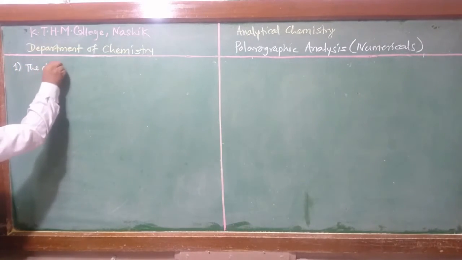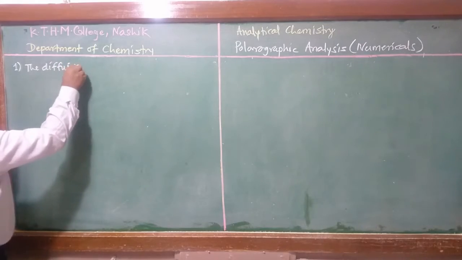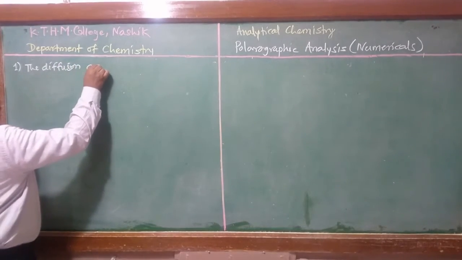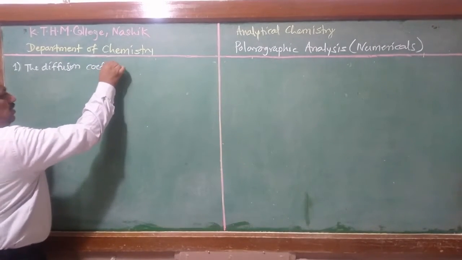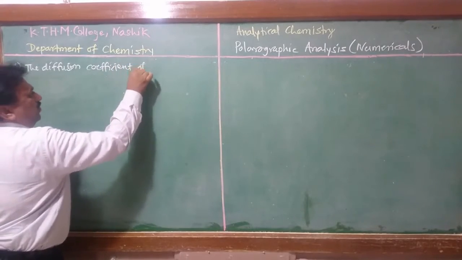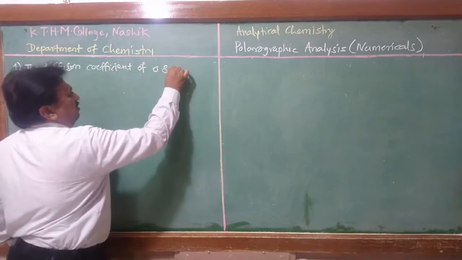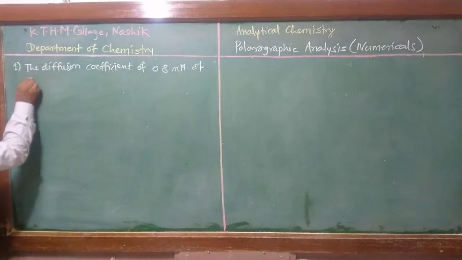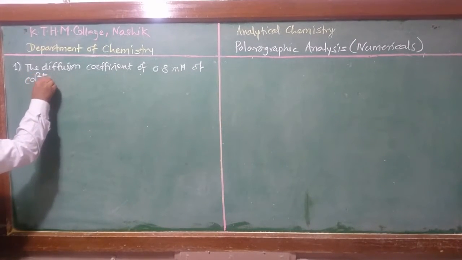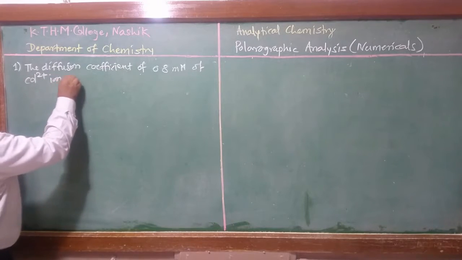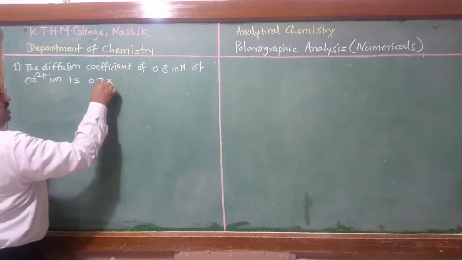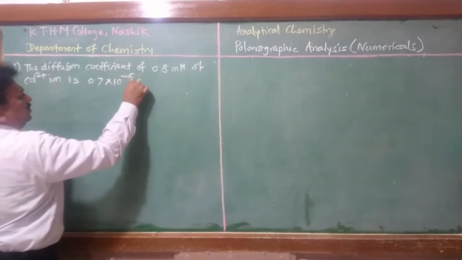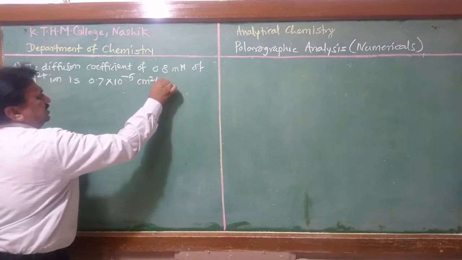The diffusion coefficient of 0.8 millimole of cadmium 2 plus ion is 0.7 into 10 raised to minus 5 square centimeter per second.